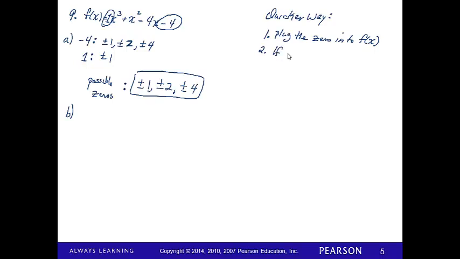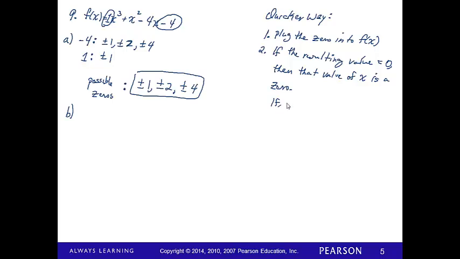Part 2, if the resulting value equals 0, then that value of x, the one you chose from this list to plug into it, is a zero.